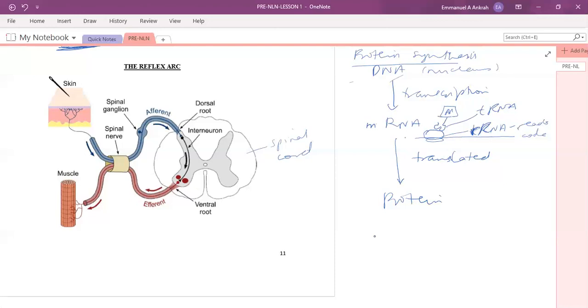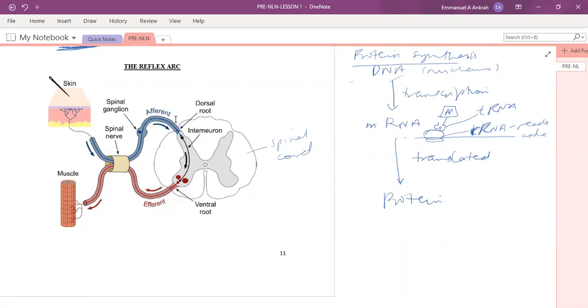D, correct. So it's bringing impulses from the receptor, like the skin receiving, to the spinal cord. So it is the sensory neuron. Another word is the efferent neuron. Next time they can change it around and use other terms, so it's good to know the diagram.